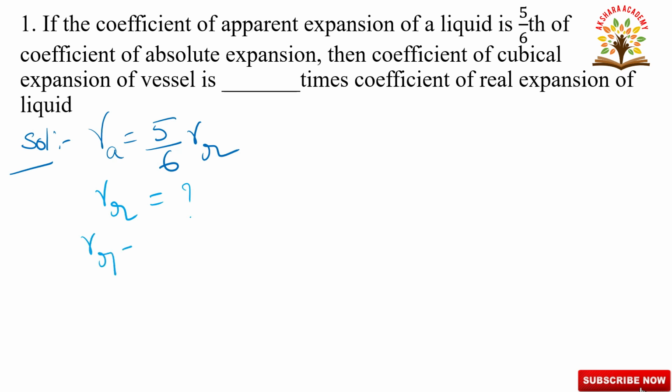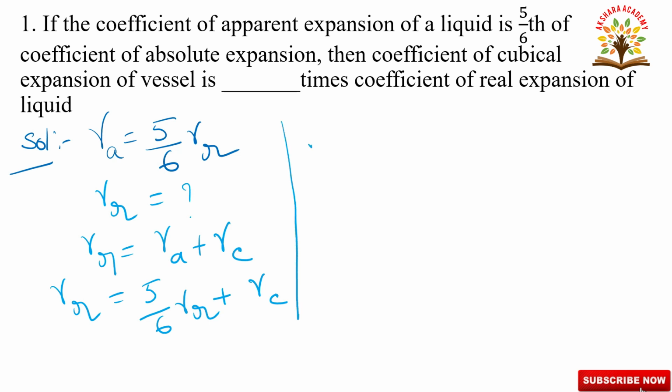Gamma R is equals to gamma A plus gamma C. Given gamma A is equal to 5/6 gamma R. So gamma R is equal to 5/6 gamma R plus gamma C. So here gamma R minus 5/6 gamma R is equals to gamma C.